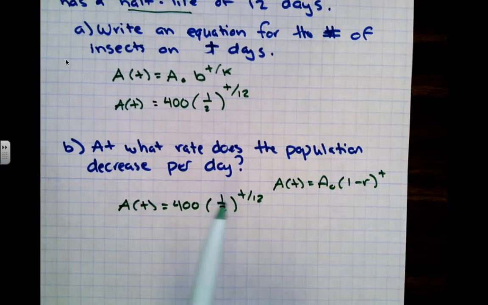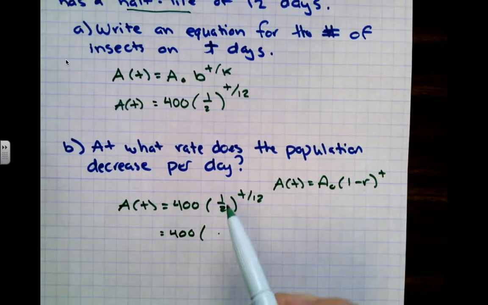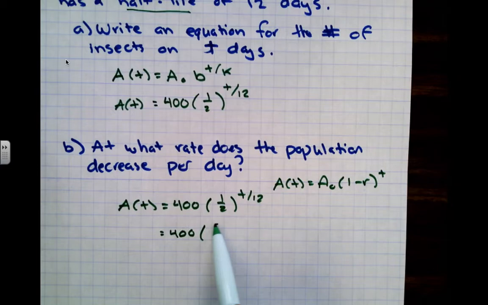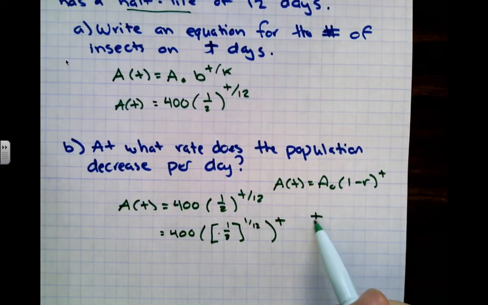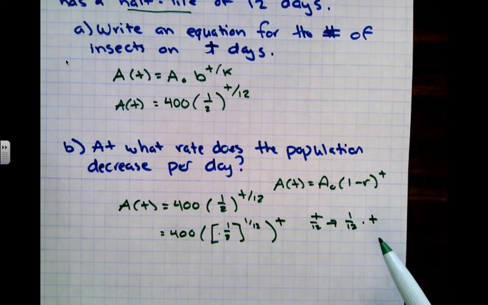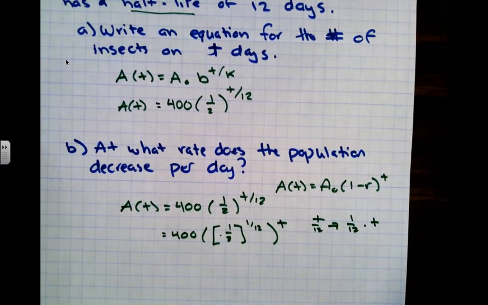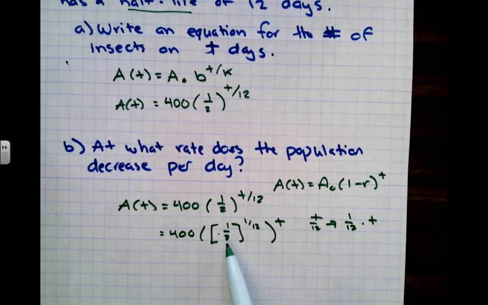So my crucial first step here is to rewrite this 1/2 to the t over k as 1/2 to the 1/12 raised to the t. So I change that t over 12 into 1/12 times t, because I can do that because of the power of a power. But now I can find out what 1/2 to the 1/12 is on my calculator.